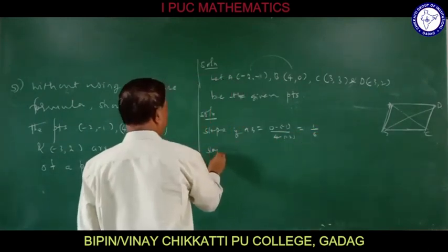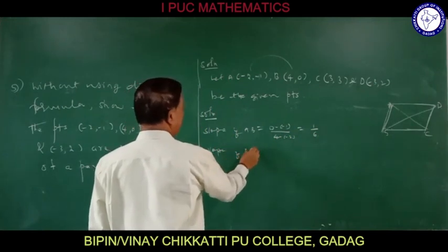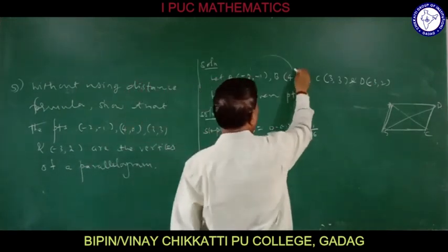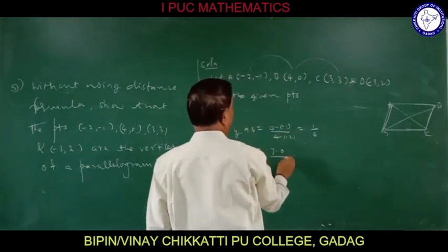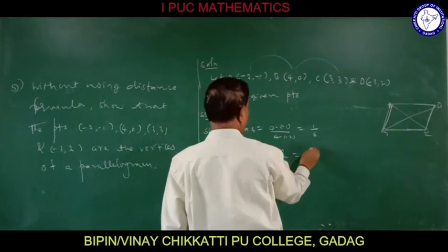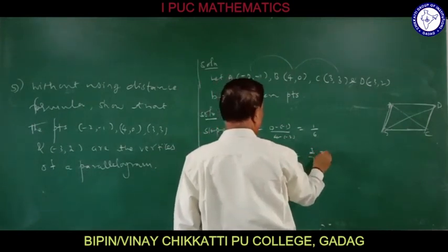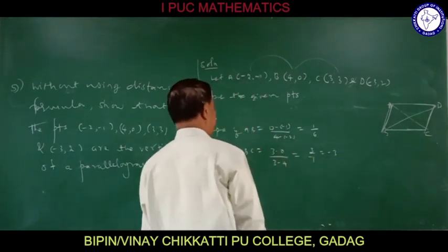Next, slope of BC is y2 minus y1, 3 minus 0, divided by 3 minus 4, 3 by -1, it comes to -3.